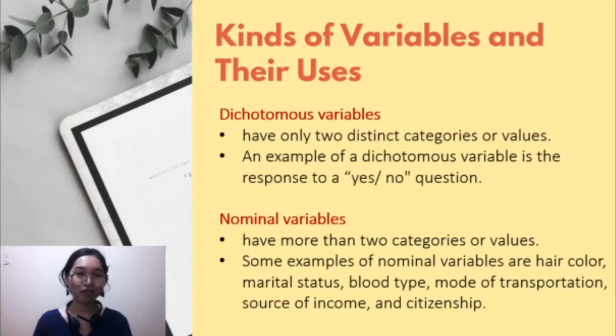Marital status, blood type, mode of transportation, source of income and citizenship, marami tayong choices na pwedeng pagpilian kung yun yung mga variables na gagamitin natin. Unlike the dichotomous na dalawa lang talaga, yes or no, true or false, fact or bluff, and so on.